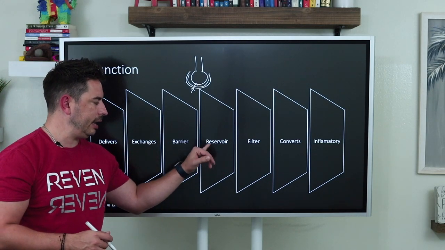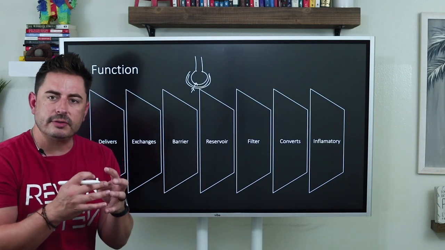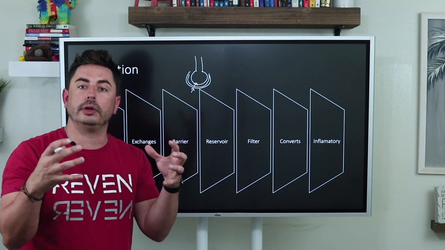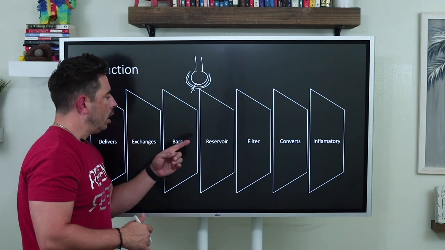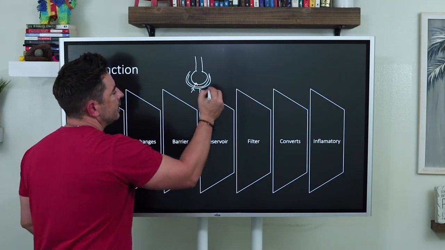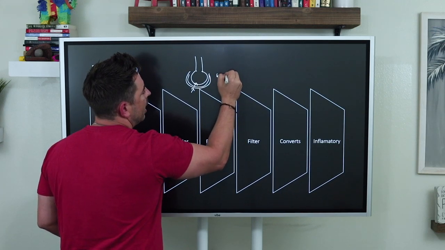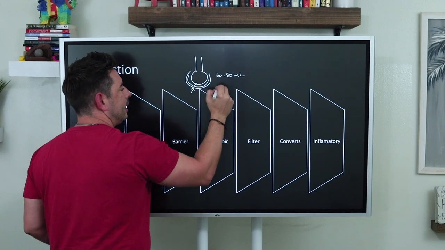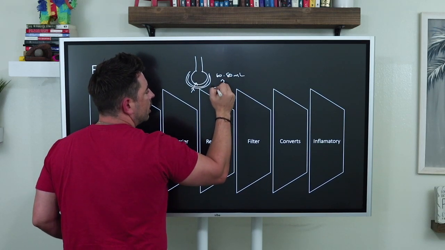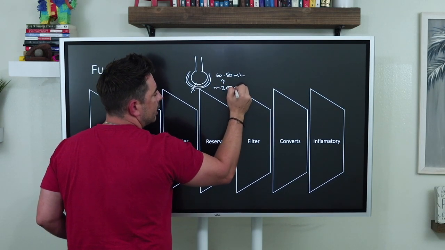Next is the reservoir, a place where it can hold a lot of blood, or hold volume. Remember we said there are 60 to 80 mLs of volume in there, and that can increase as much as about 200 mLs.